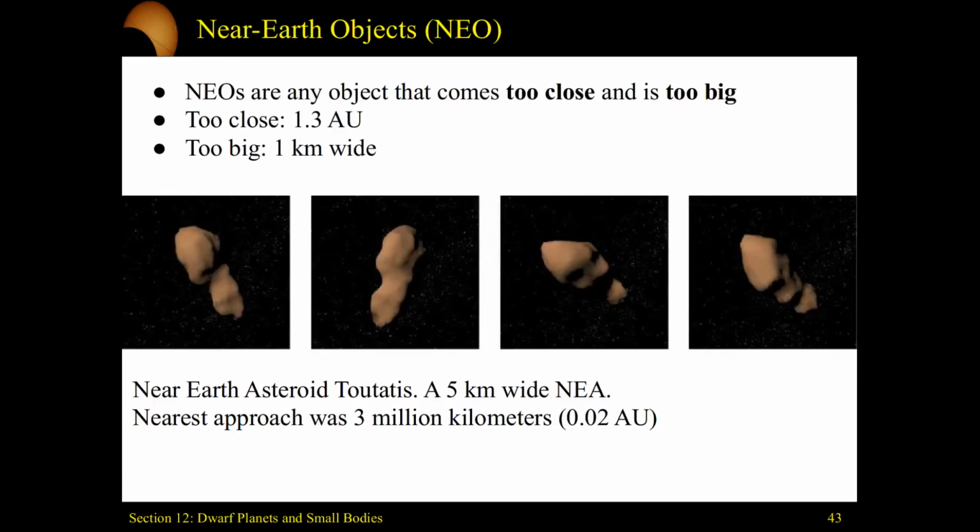Another group of objects of particular interest to humanity are these near-Earth objects, or NEOs. Basically, any object that comes too close and is too big to be of major concern for us. So, a comment that I want to make about the terminology here. Near-Earth objects is just this broad category of anything floating out there that could potentially hit Earth and have catastrophic consequences.